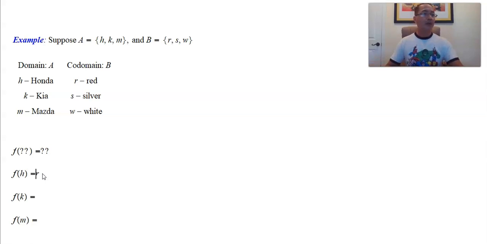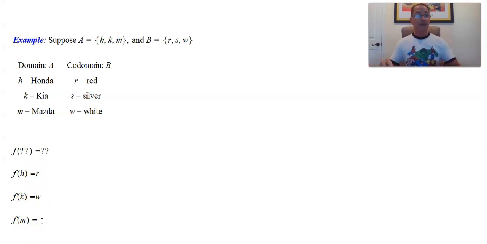Okay, now what about the Kia? Well, we could have a silver Kia, or we could have a white Kia. It doesn't matter which one as long as it's not red. So let's say that the Kia is white. So f of K is W. So that means that M, the Mazda, cannot be red or white.